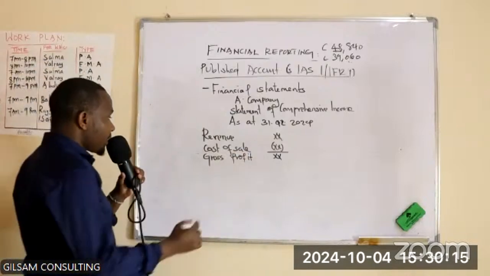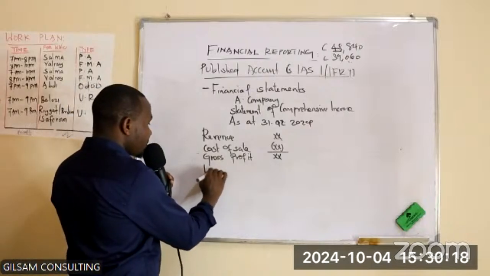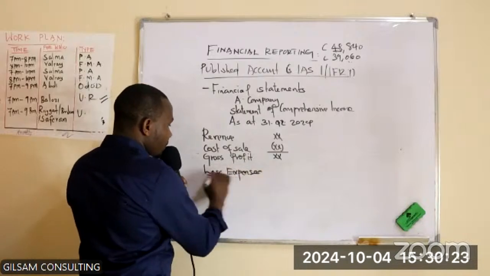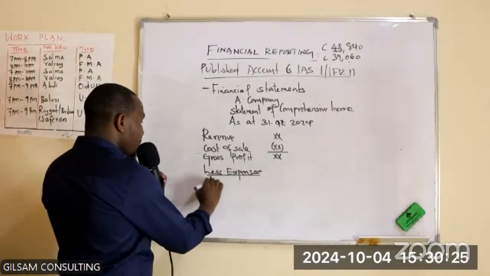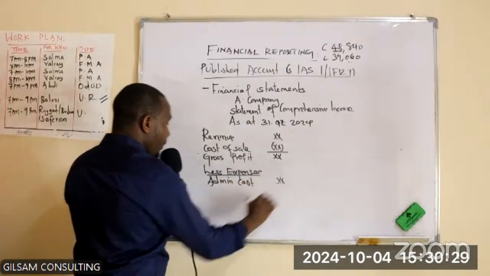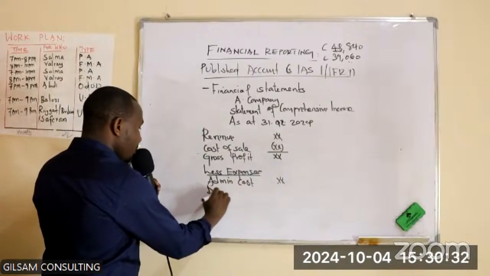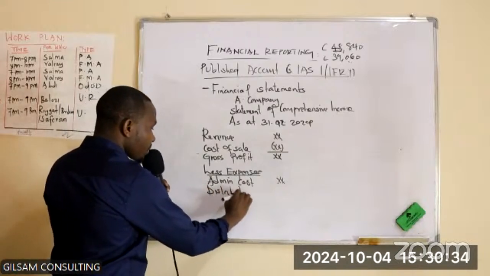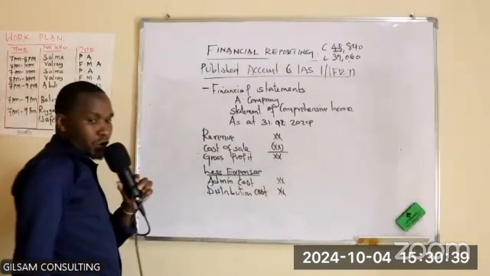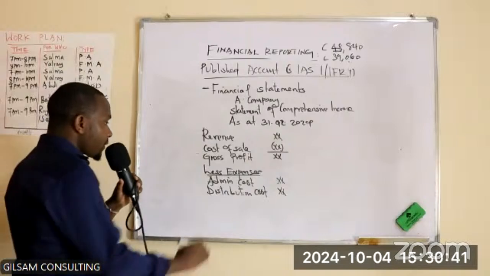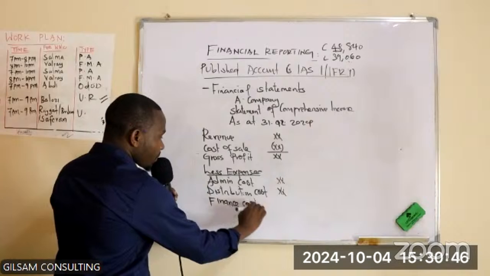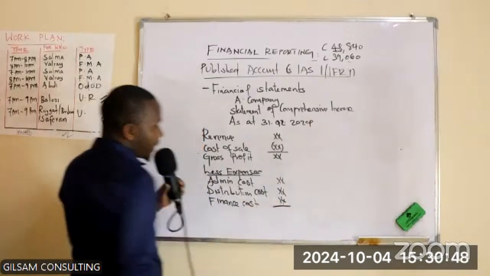Once you have the gross profit, you less expenses: admin cost, distribution cost, finance cost.